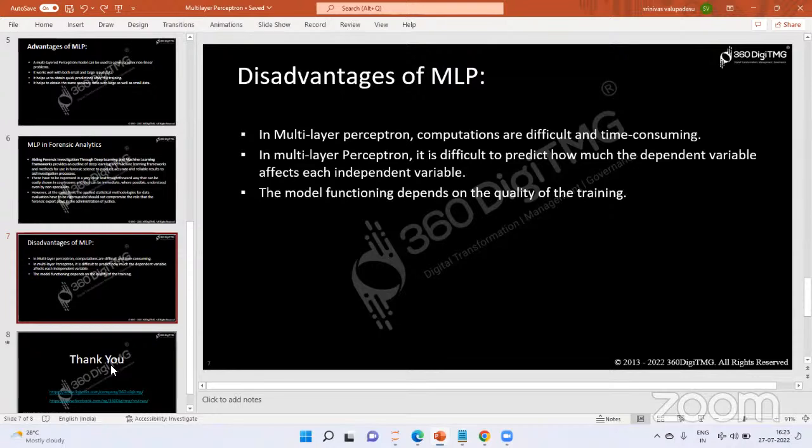The second disadvantage is that it is difficult to predict how much the dependent variable is affected by each independent variable, how the relation between the dependent variable and independent variable works, and how the dependent variable changes with respect to the independent variable. Also, the model functionality depends on the quality of the training. So these are the disadvantages of multi-layer perceptron.